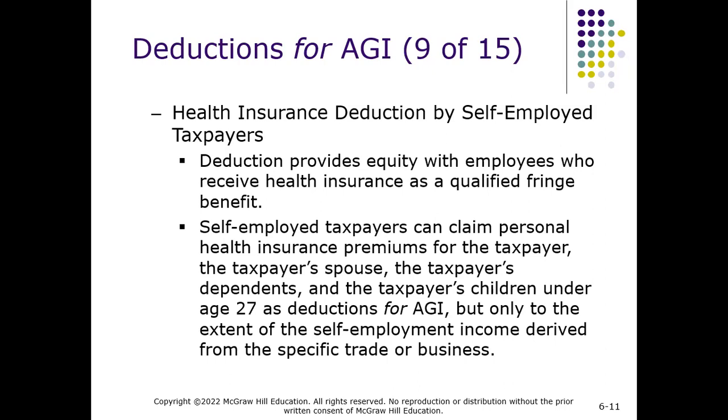Now, self-employment income would be the profit times 92.35%. So that's the maximum they can deduct of health insurance premiums.